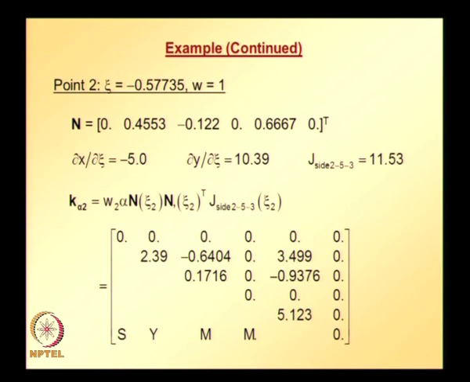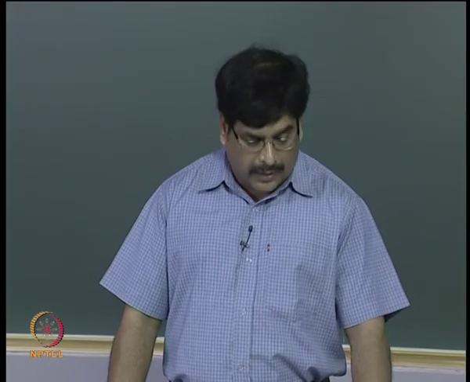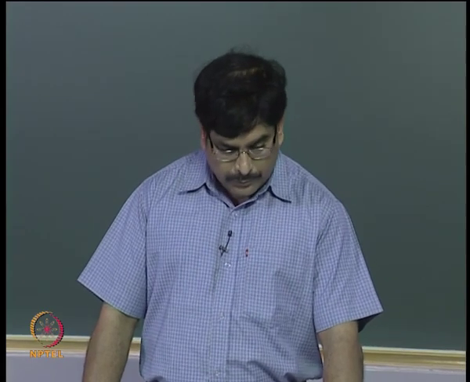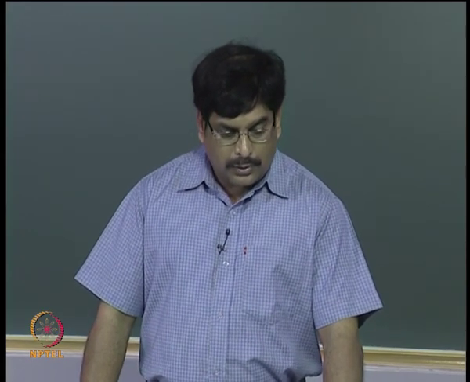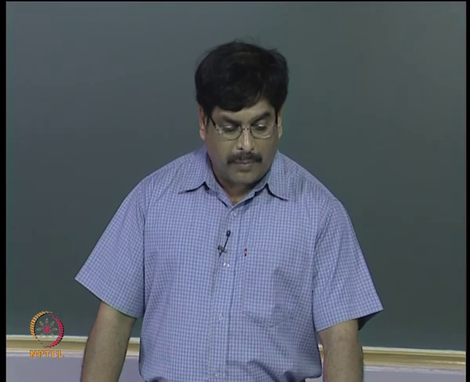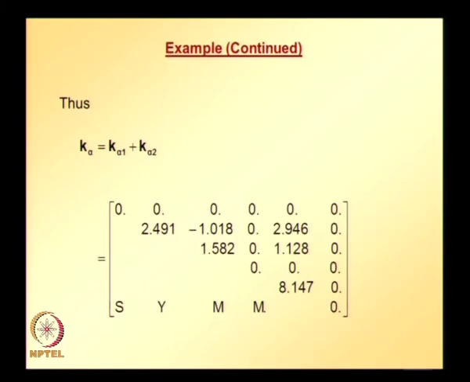So, we got a contribution from the first integration point and from the second integration point. We need to add these two contributions to get the final value of K alpha. So, the K alpha matrix is given by K alpha 1 plus K alpha 2. Finally, this is the solution for this problem.